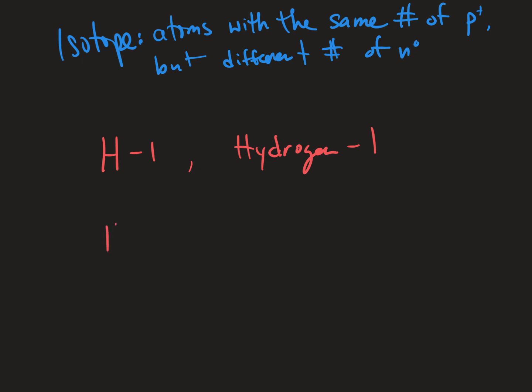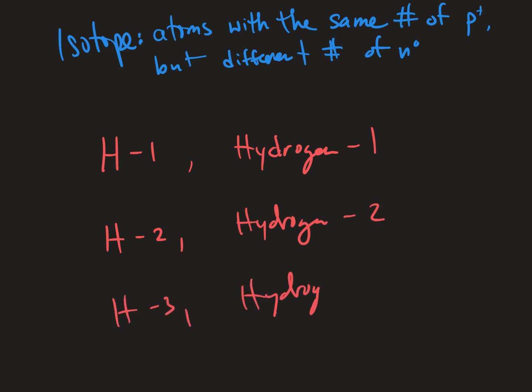But we also have hydrogen 2. Hydrogen 3. So we have 3 isotopes of hydrogen. The majority of hydrogen is hydrogen 1.